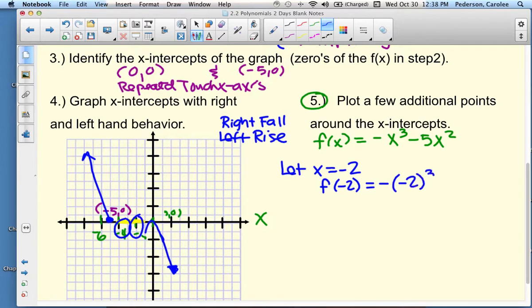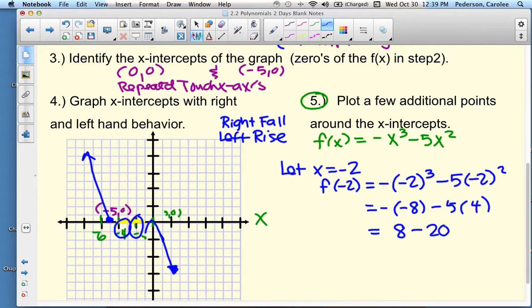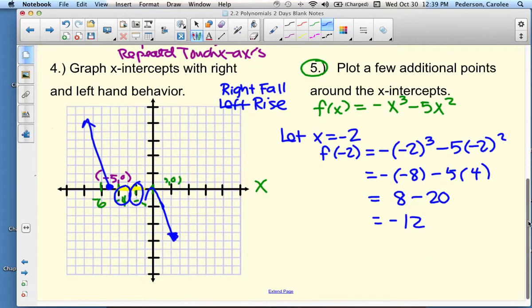Replace the x with negative 2. We do our order of operations first. Negative 2 times negative 2 times negative 2 is negative 8. Negative 2 times negative 2 is positive 4. Then negative of negative 8 is a positive 8, and then negative 5 times 4 is negative 20. And we get negative 12. So the ordered pair here is negative 2, negative 12.